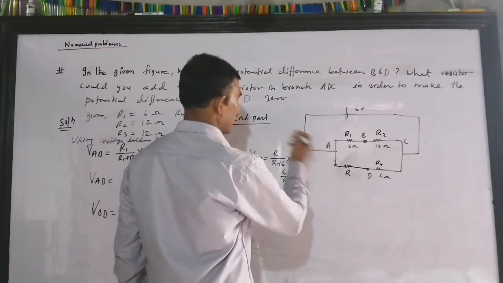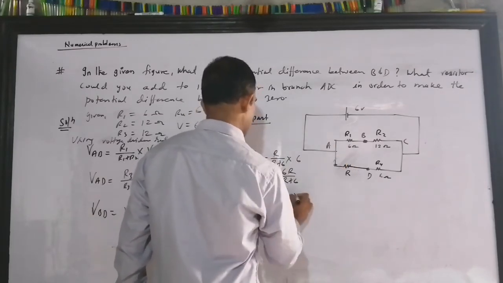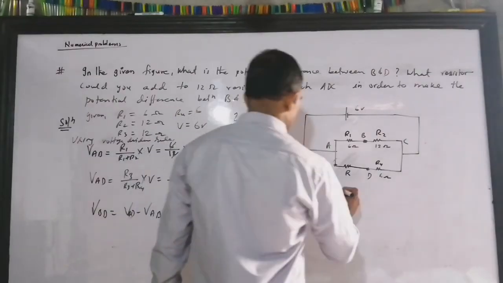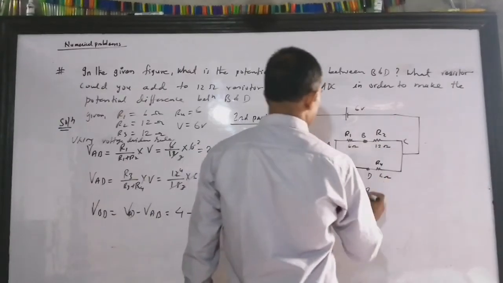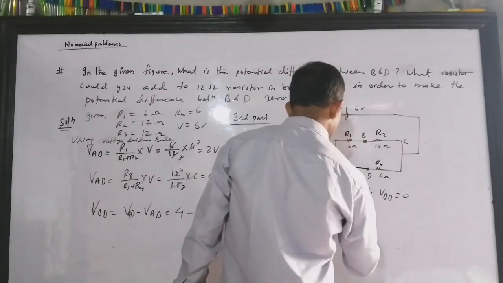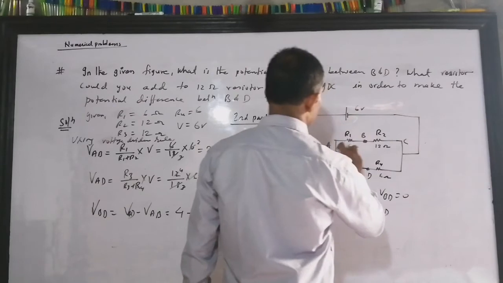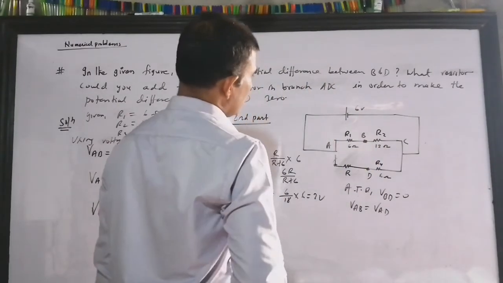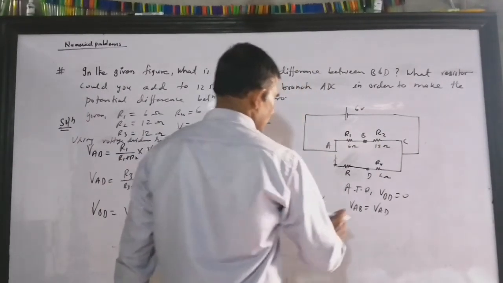And VAB we have just now found: 6 upon 6 plus 12 is 6 upon 18, times 6, so we got 2 volt. And according to the question, what is given? VBD is 0. It means VAB equals VAD. If the potential from A to B and A to D are the same, then the potential difference between B and D will be 0.